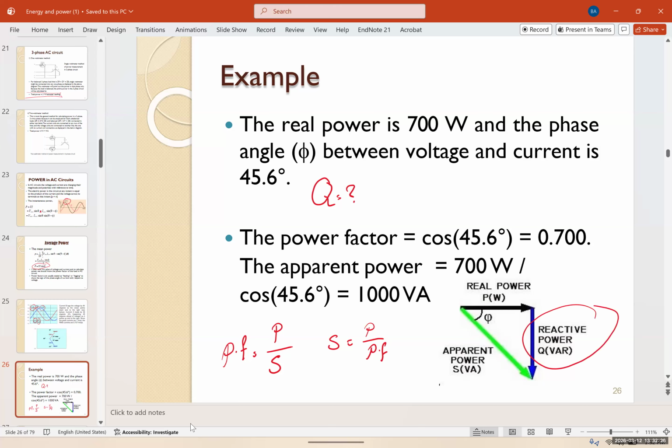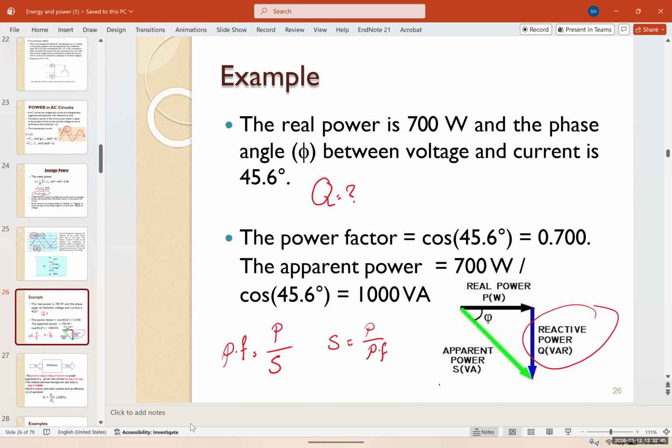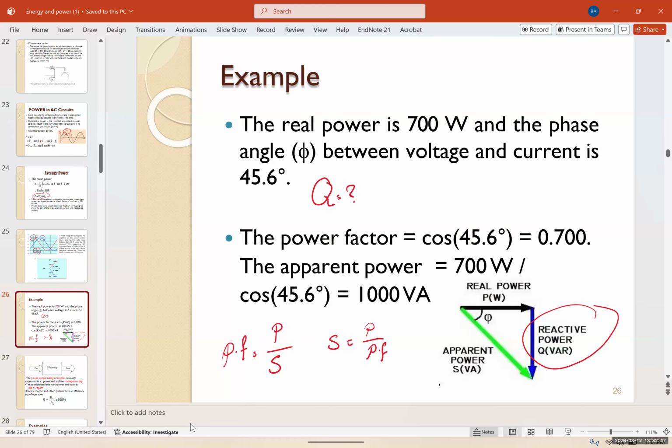We want to find reactive power, Q. One way to do it is S squared is going to be equal to Q squared plus P squared. In other words, Q is going to be the square root of S squared minus P squared.